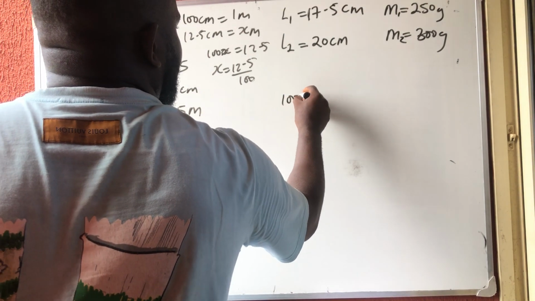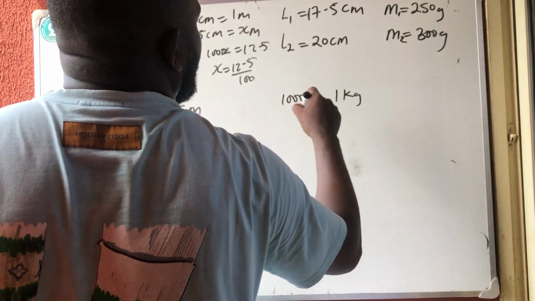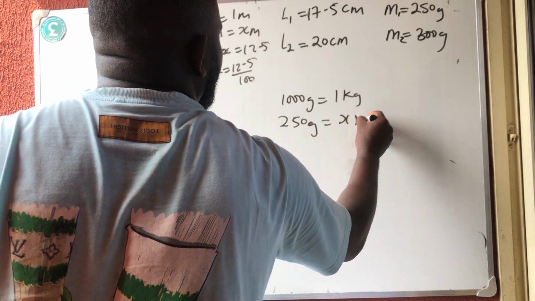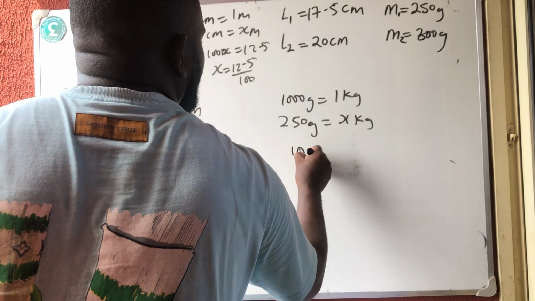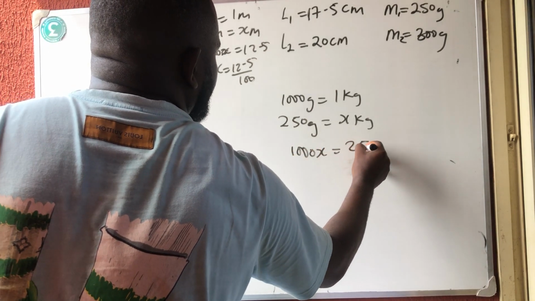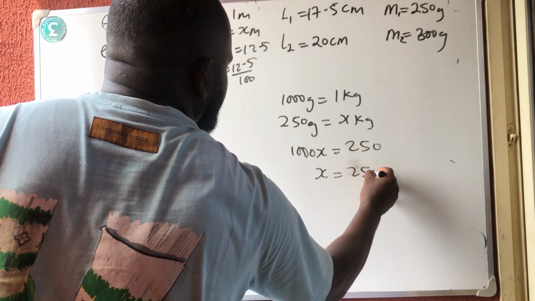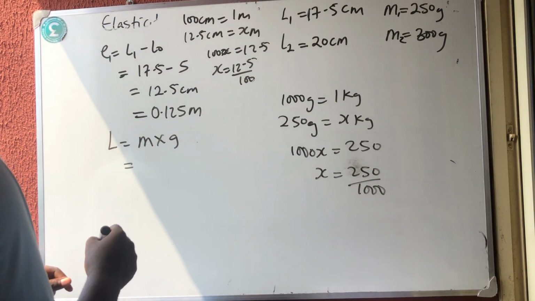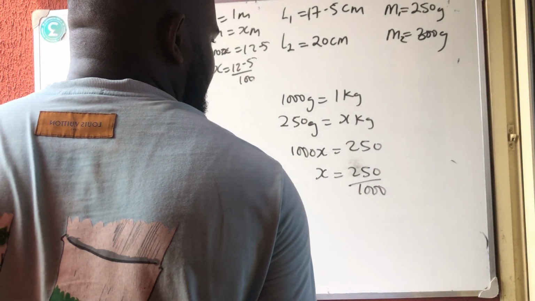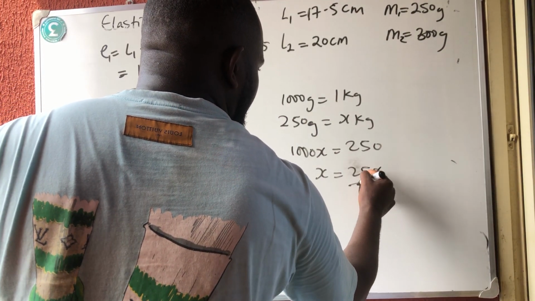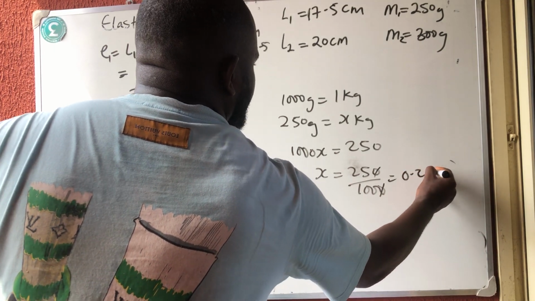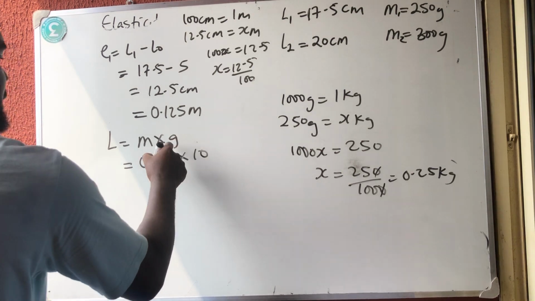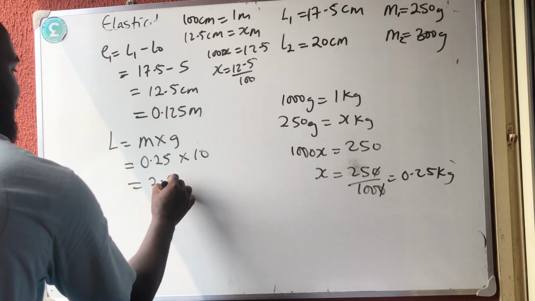I know that 1000 gram is equal to 1 kilogram. 250 gram is equal to x kilogram. Cross multiplying, 1000x is equal to 250, so x is 250 divided by 1000, which is 0.25 kilogram. So I'm having 0.25 times 10, which is acceleration due to gravity, which is 2.5 newton.